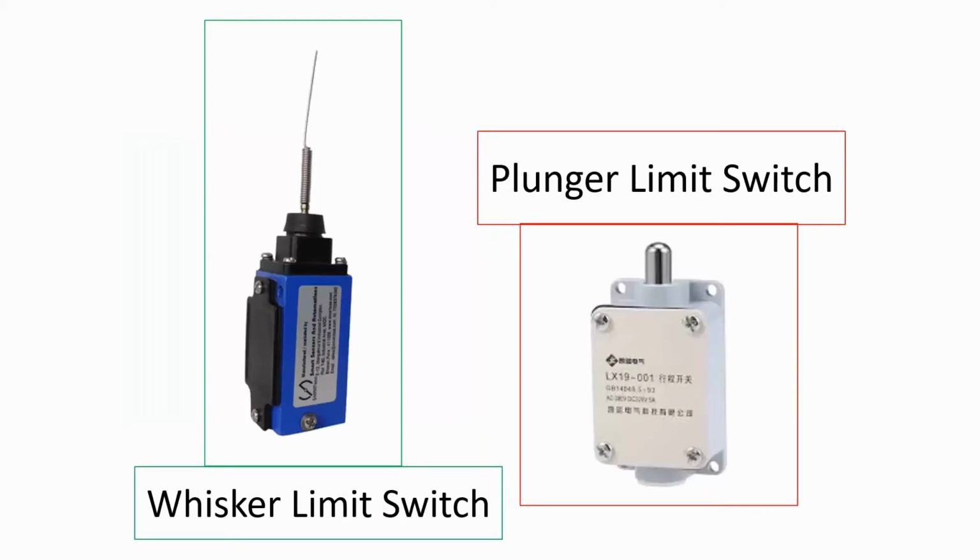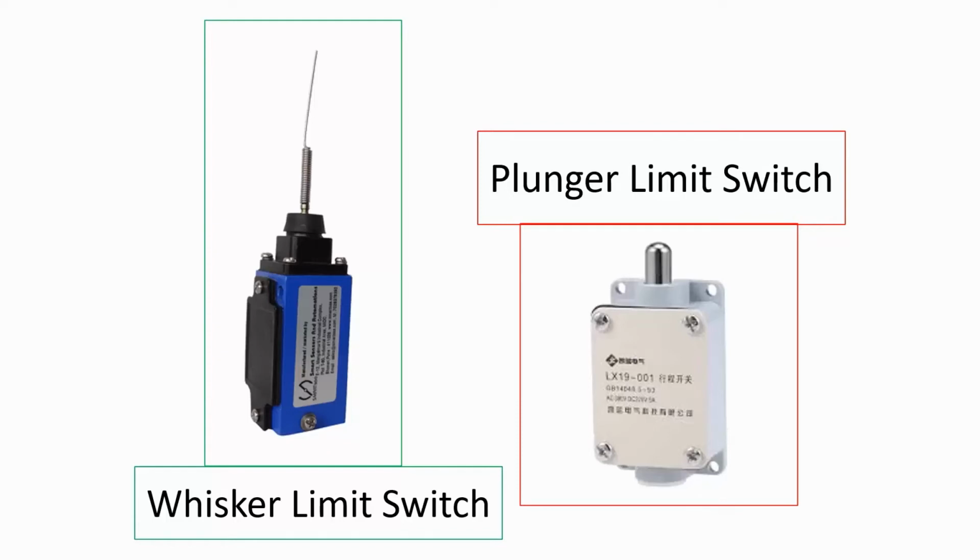Further, there are different types of limit switches: the whisker limit switch and the plunger type of limit switch. These plunger limit switches you can see in our refrigerator. When you open the refrigerator door, the light will be on. When you close the door, the light will be switched off.